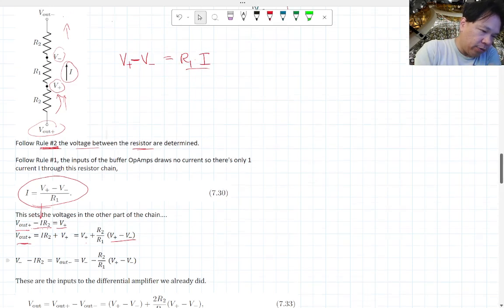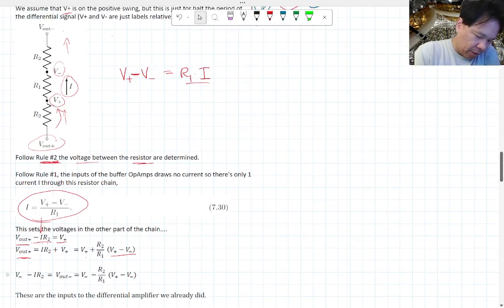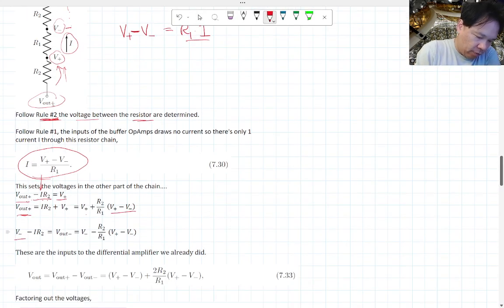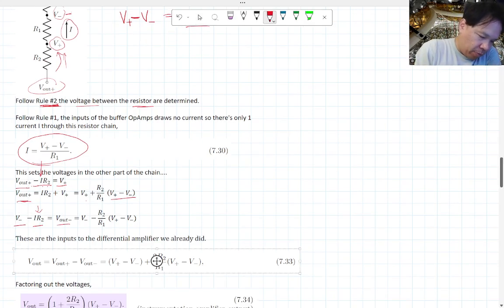Similarly, if you do the Ohm's law analysis, from V minus, V minus minus I times R2 gets you to V out. So V minus minus the voltage drop across resistor 2 gets you to whatever V out minus is. Once again, replacing this I with what we found up here, put a little star there.